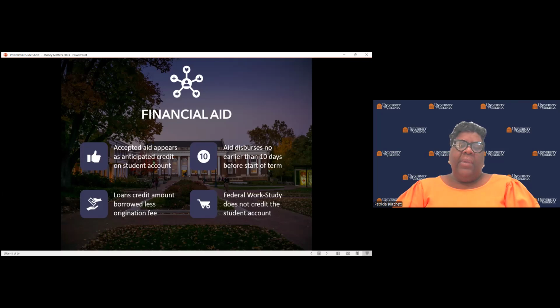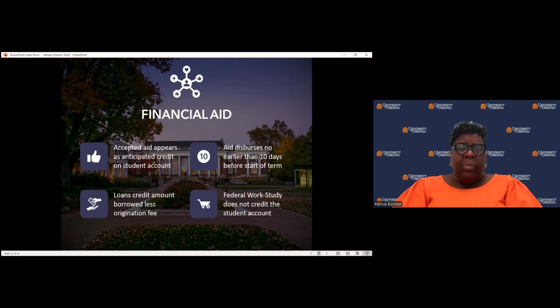But what the anticipated credits are is what is forthcoming, what monies are going to be credited that we know of in advance. If there's an overage of what the student loans, the outside scholarships, or any outside military benefits or credits, that overage to the anticipated credit could be a refund to your student.